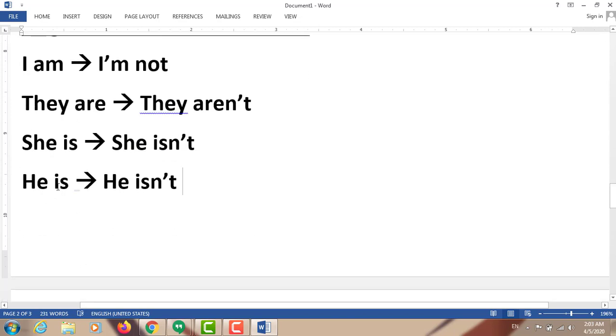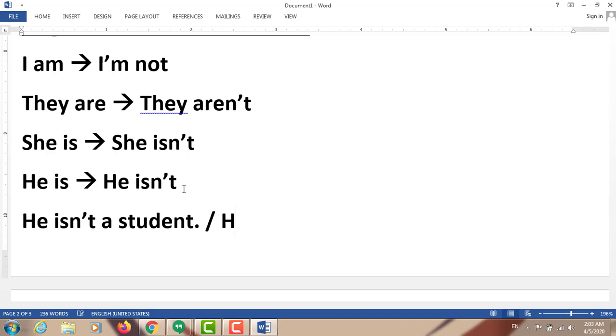So I was talking about this one, that you can have the contraction in two forms. For example, I say he isn't a student. One way. Or also you can say, with the pronoun you can have the contraction, he's not a student.